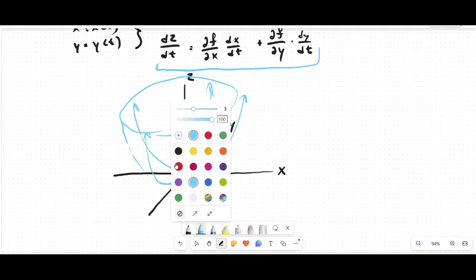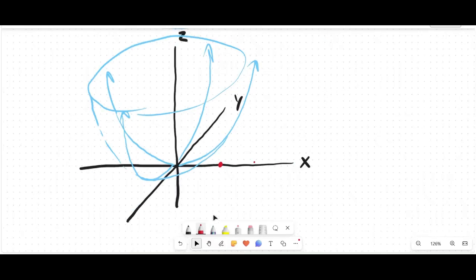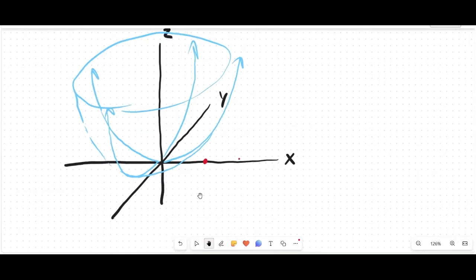And let's imagine that in x and y, we're maybe at a point like right there. Zoom in a little bit. From this point, there's two directions we can move, really. Two independent directions. There's movement back and forth in the x direction. There's also movement back and forth in the y direction.